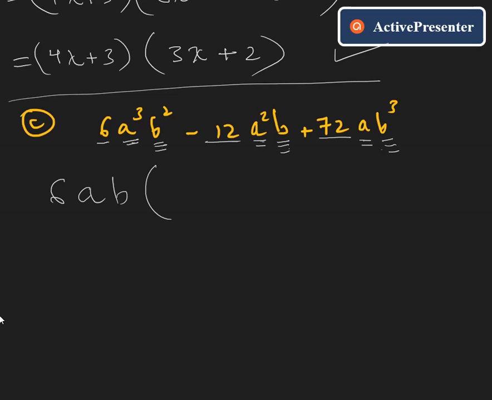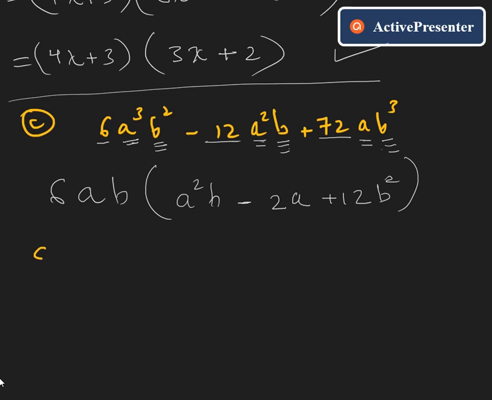This is equal to 6ab times (a squared b minus 2a alone plus 12). A will eliminate each other, and b will be left with b squared. Okay, so let's have another question.